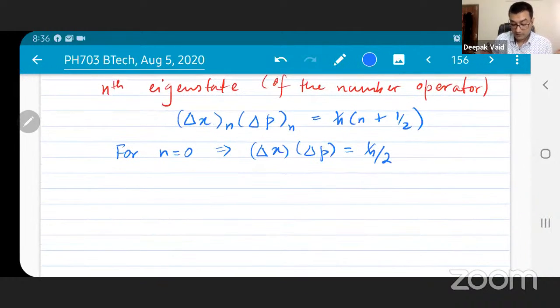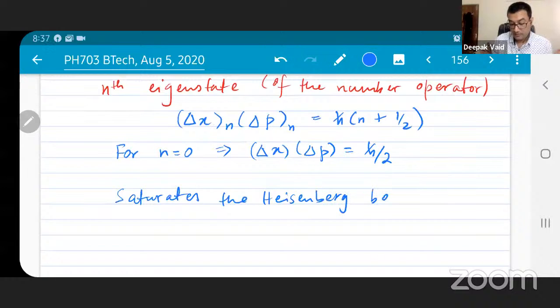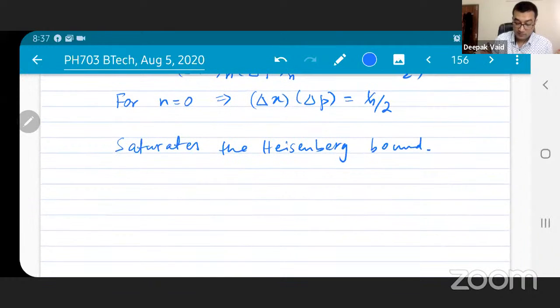So what does this do? This saturates the Heisenberg bound, right? What is the meaning of saturate? It means that if you have any inequality, like this is an inequality, right?